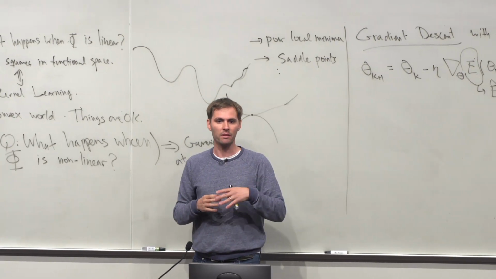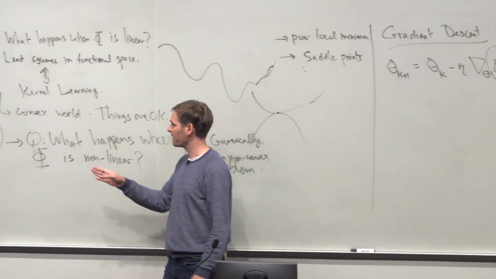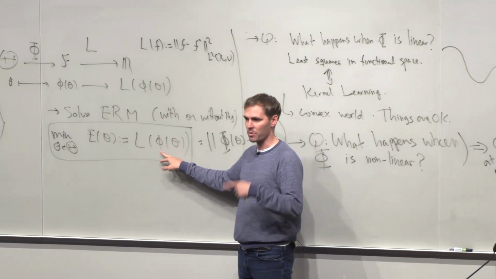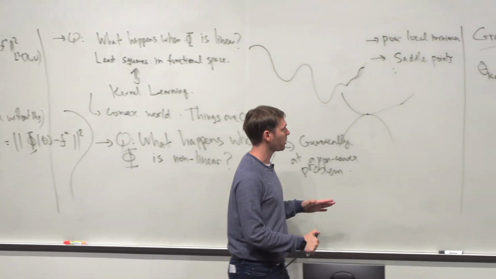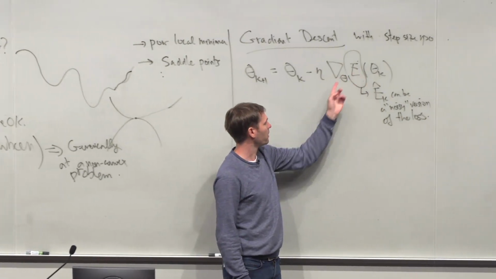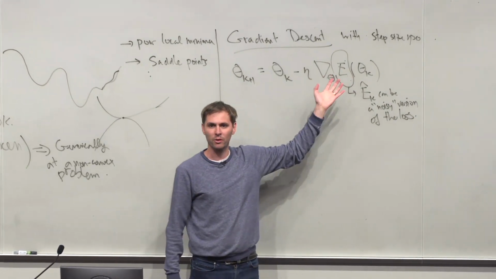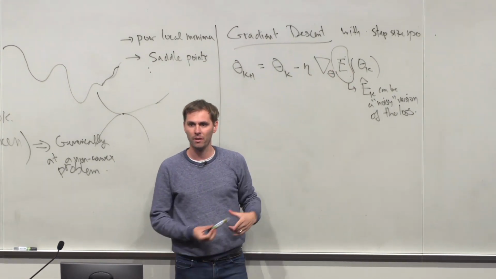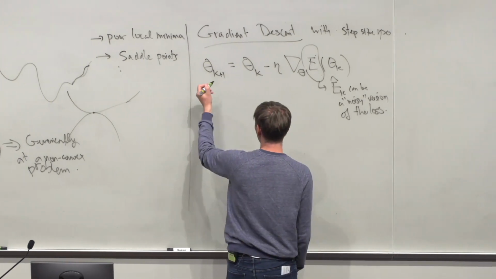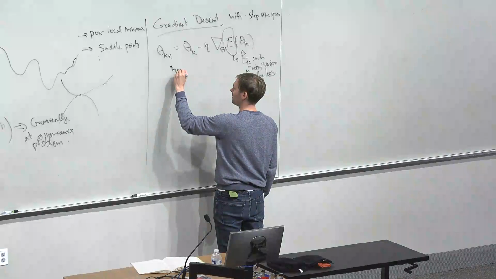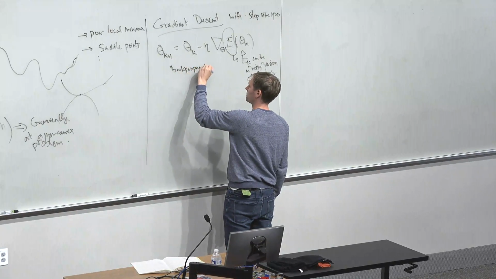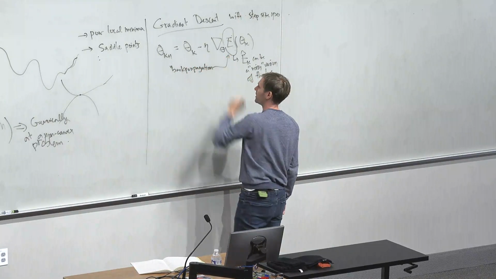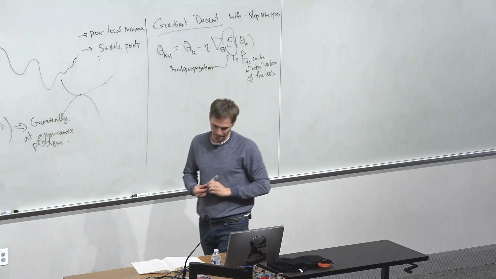In particular, if I have a deep neural network, this phi is itself going to be a composition of several functions. But I guess that by now all of you are comfortable computing gradients with respect to the parameters just by applying the chain rule, right? And the chain rule is also known as backpropagation. So this is what's involved in computing this term.